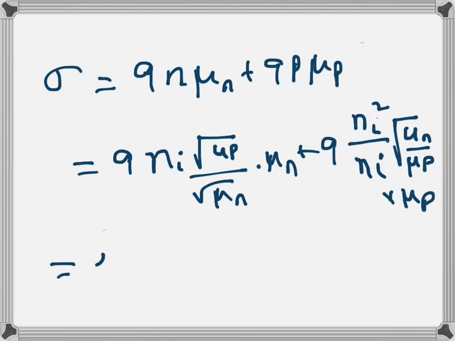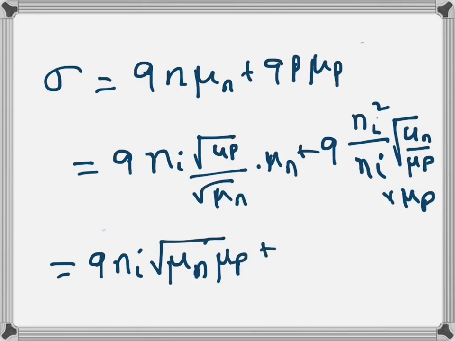So this becomes q ni square root of mu n times mu p, plus q ni, the same thing, square root of mu n times mu p.